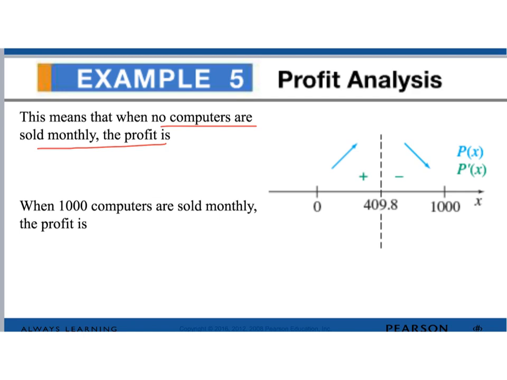In fact, your profit may not even necessarily be zero, but your derivative at x equals 0 of your profit function actually turns out to be positive, which means your profit is increasing. This was the 0 of your derivative, which means your profit is at a maximum.